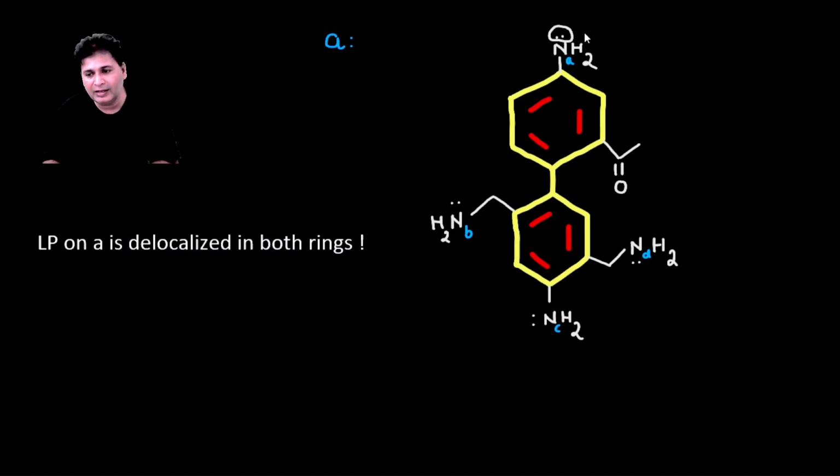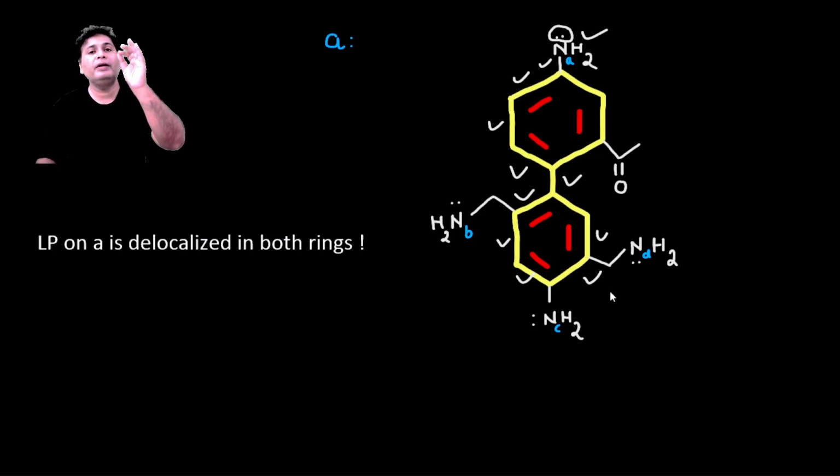You can see lone pair, single, double, single, double, single, double, single, double. So what does it mean? It means that the lone pair on nitrogen A is going to get delocalized in both the benzene rings.